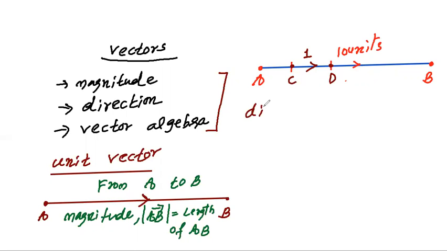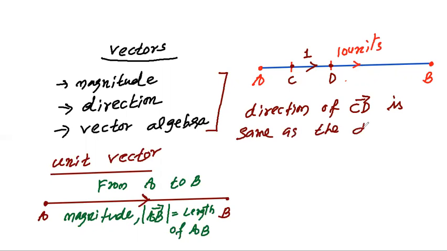So we can write that the direction of vector CD is the same as the direction of vector AB, right? Both directions are the same.